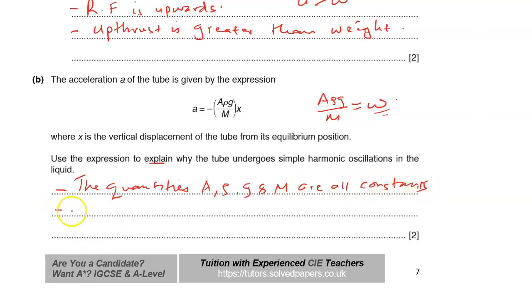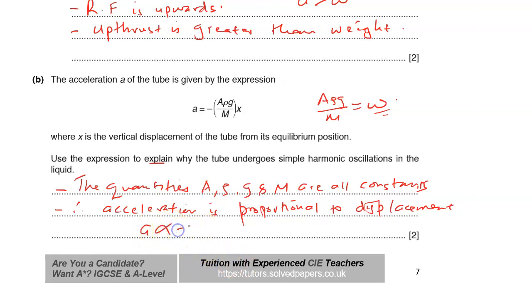Therefore, acceleration of the tube is proportional to displacement. Right, that's why I say a is proportional to negative displacement.